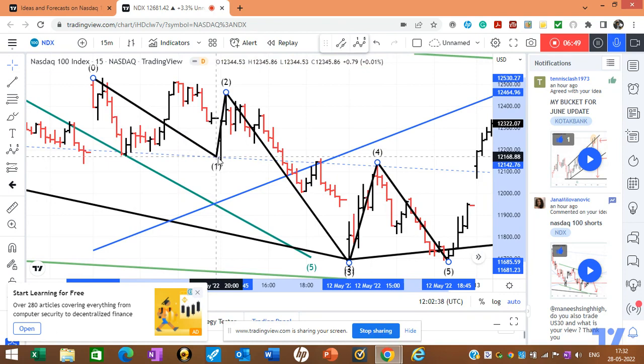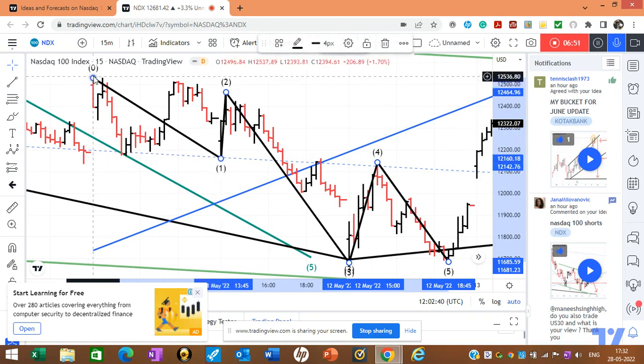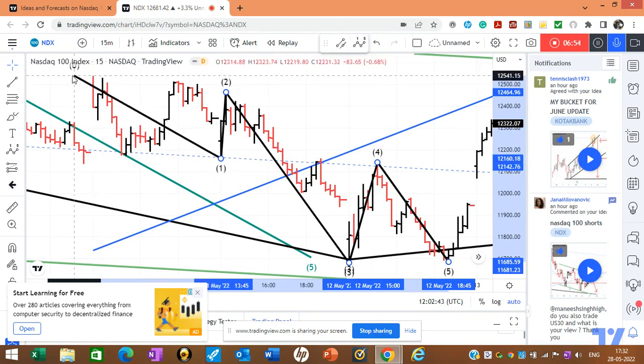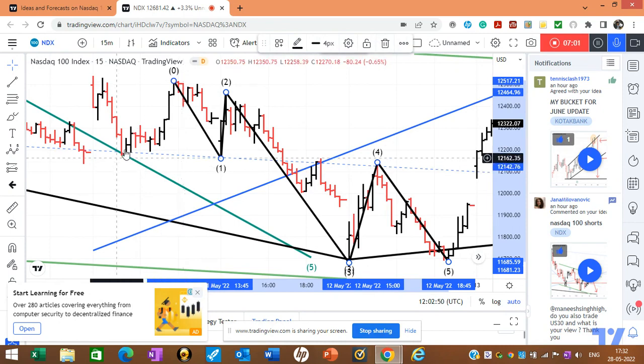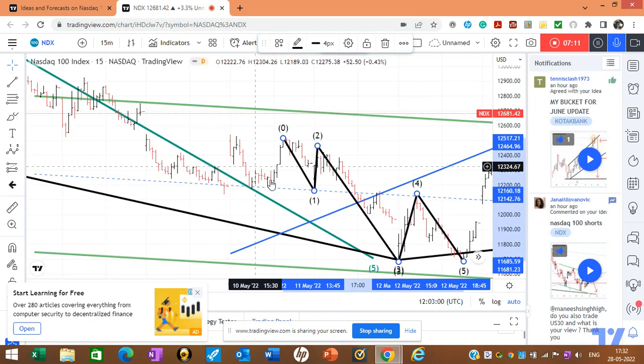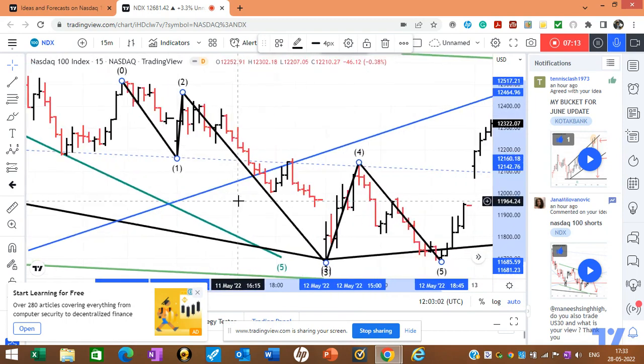Sorry, this would be A, B, and C. So if I count these waves, one, two, three, four, and five, this is the third wave because this gap down is happening in the third wave.